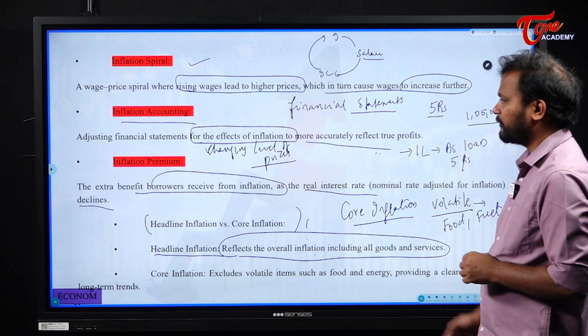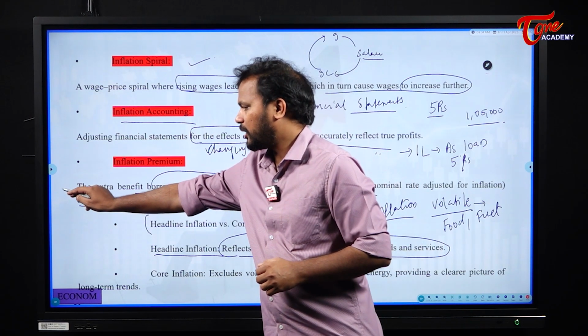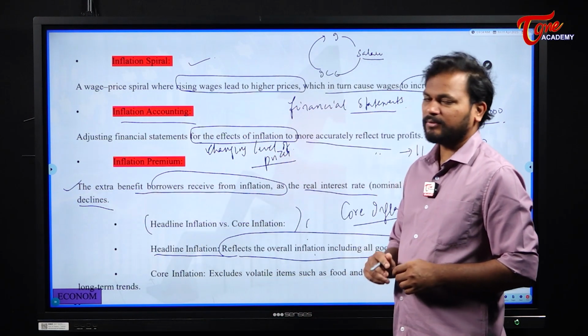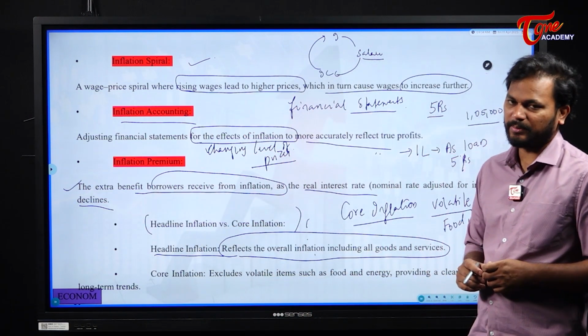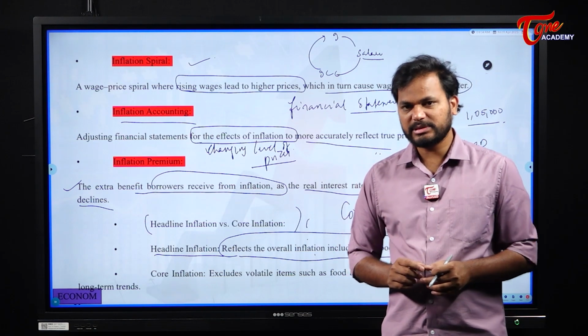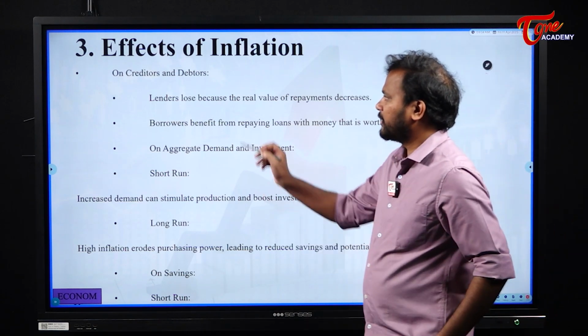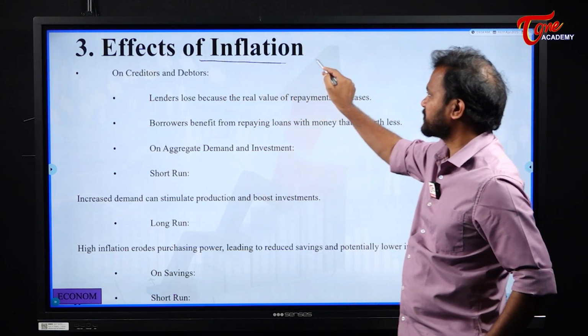Clear? Next. Now in this area the questions can be asked. The most common areas are the headline inflation and the core inflation. These areas become very important as far as the UPSC examination is concerned. Clear? Next.